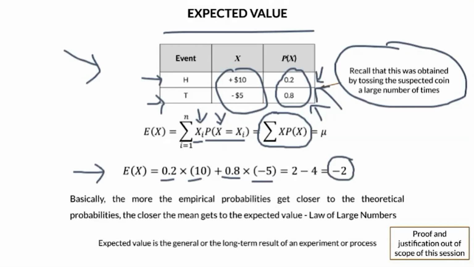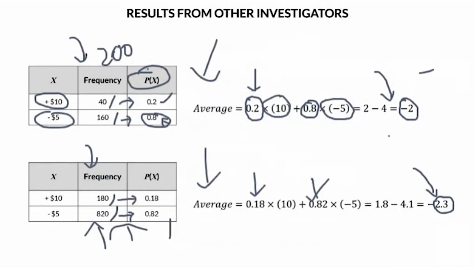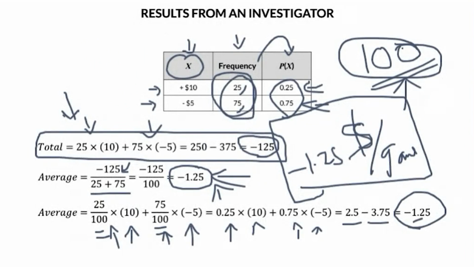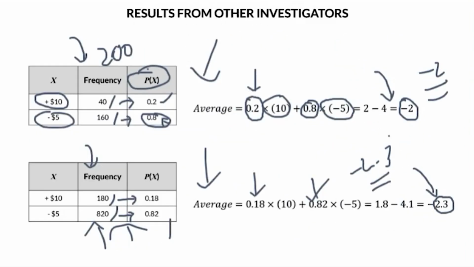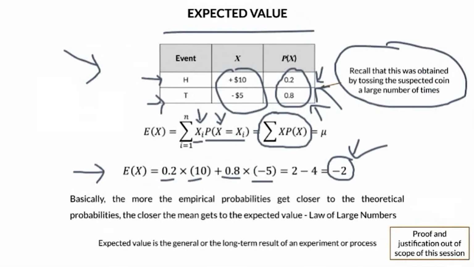Now, if you see all the empirical values, here I have minus 2 as a value, here I have minus 2.3, and the first investigator has minus 1.25. All of these are close to this number, and essentially the claim is that the closer the empirical probabilities get to the theoretical probabilities, the better. When will that happen? That will happen when your experiment size is larger and larger.